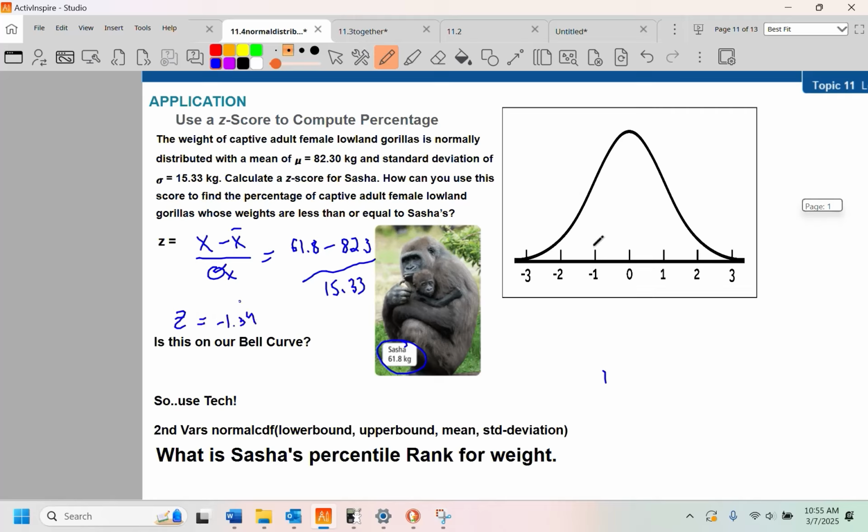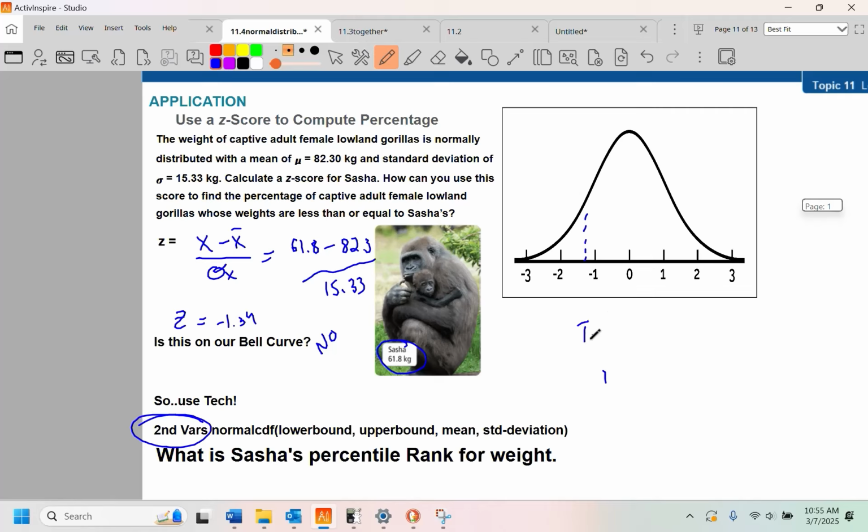Now, is that on my bell curve? Here's your bell curve. Negative 1.34 would be about right here. The answer to that is no. So I cannot refer to the 68, 95, 99.7 rule like I did yesterday. So I get to use tech. And what we're going to do is press second vars.